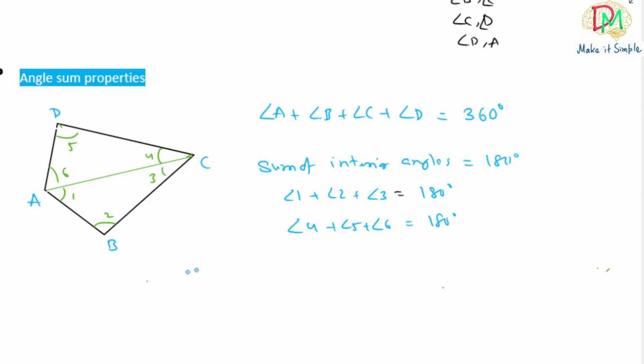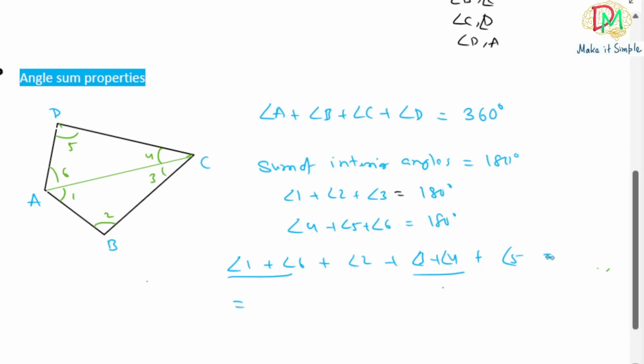Now if we sum together we get 1 plus 6 plus 2 plus 3 plus 4 plus 5. So this value is equivalent to 360 degrees. And 1 and 6 is angle A, 2 is angle B, 3 and 4 angle C, and 5 is angle D.